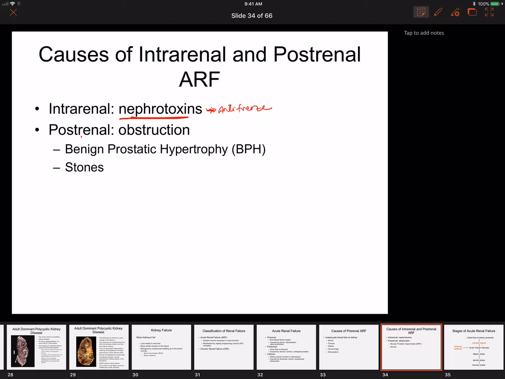And post-renal is usually triggered by an obstruction of some sort, either an enlarged prostate in men, or a stone, or even a tumor. A tumor anywhere, pressing on the ureter, pressing on the urethra, within the bladder, because if any of those are blocked, urine will backtrack into the kidney, causing kidney failure.